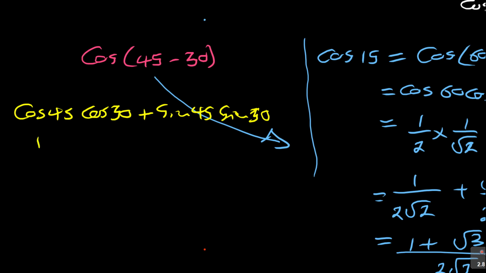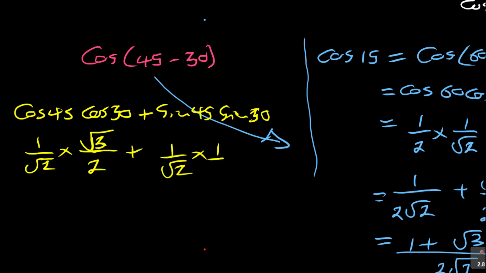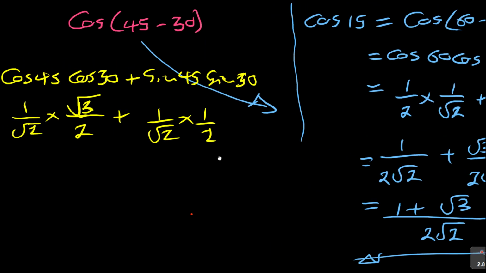The only thing now is 1 over square root of 2 times, for cos, cos 30 is square root of 3 over 2, plus sine, where nothing has changed, times 1 over 2. See that? That is the same approach.